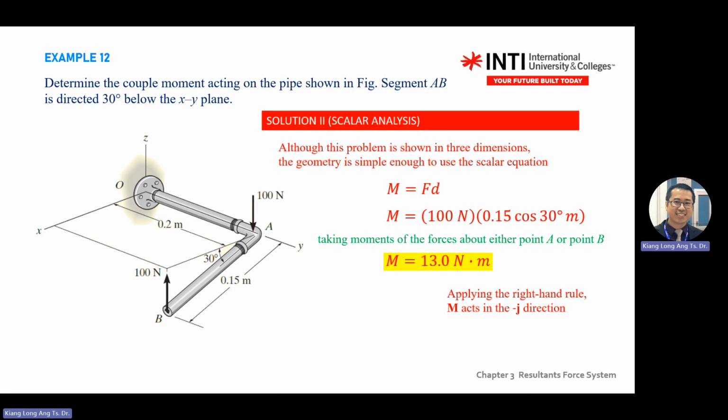Or if you are lazy to write this, you go to your diagram and draw the direction of the moment. In this case, you calculate this one, right? This one, moment of B, moment about Y, you draw the clockwise direction over here.